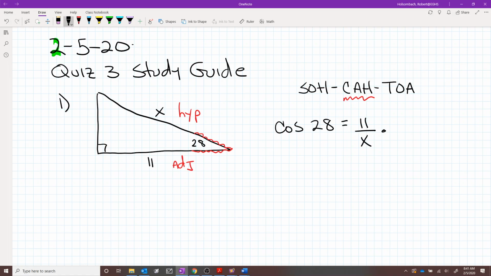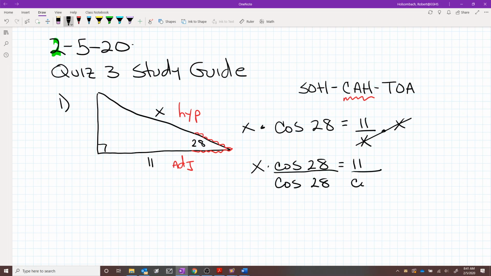You can then multiply both sides by x. So x times cosine 28 equals 11, and then you can divide both sides by cosine 28. So your x will be equal to 12.5.